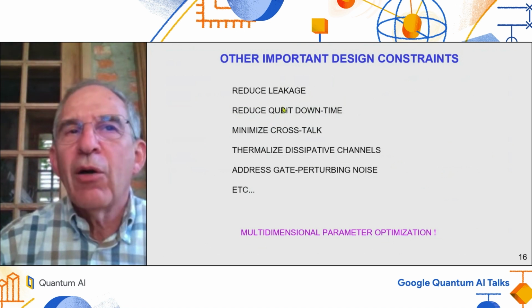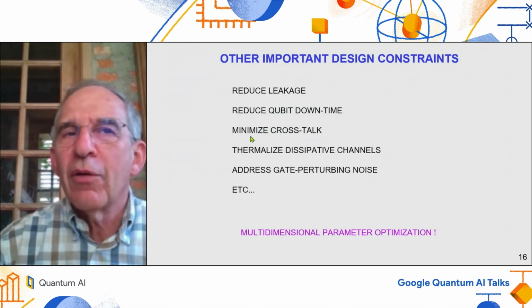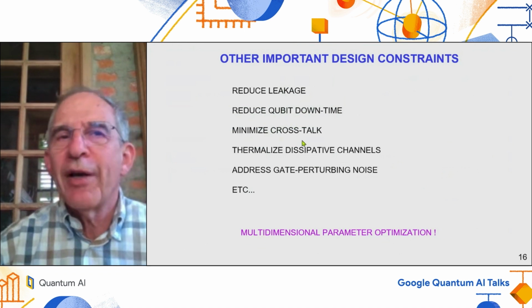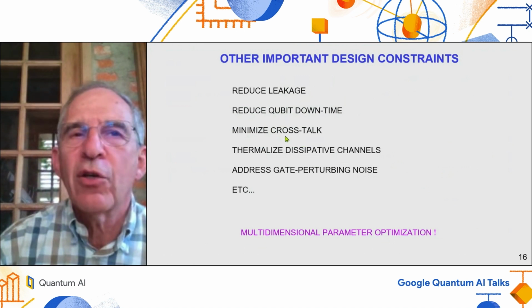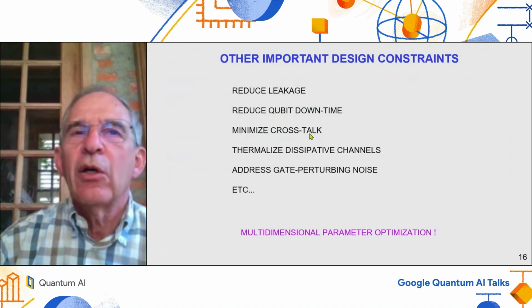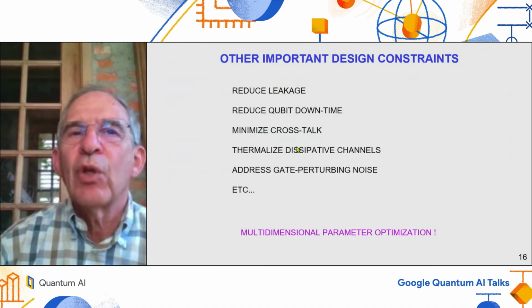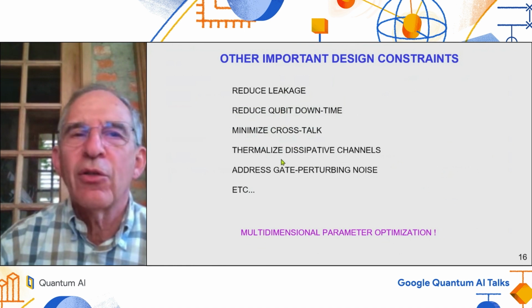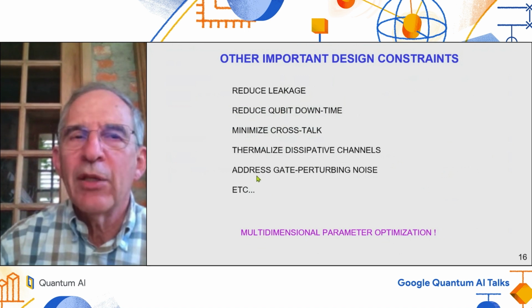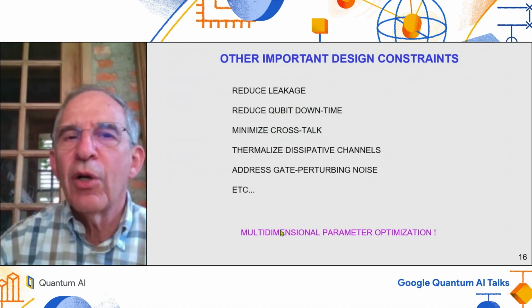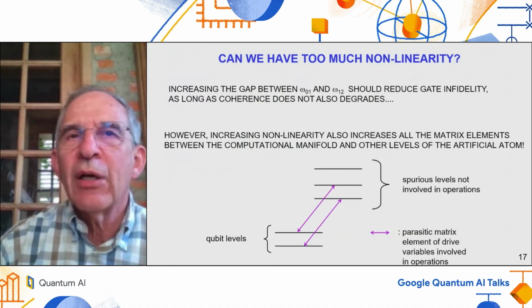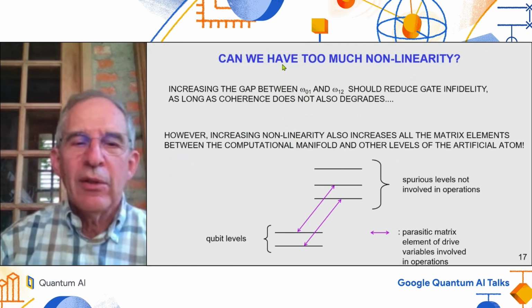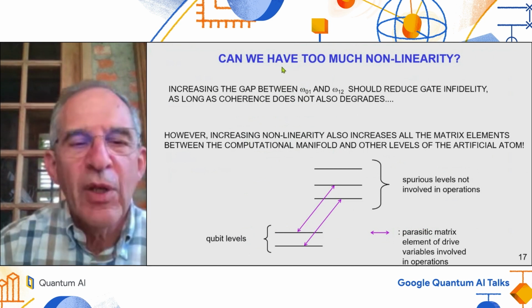But there are also a lot of other constraints due to the fact that you are creating a very complex circuit with many qubits, like crosstalk and unwanted dissipative channels and a lot of other parameters. So it's a multidimensional parameter optimization.